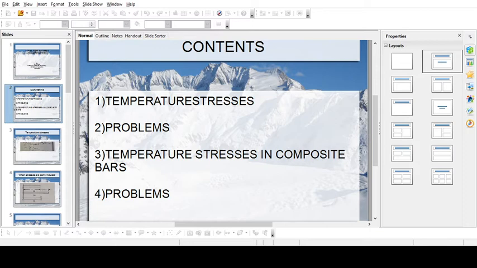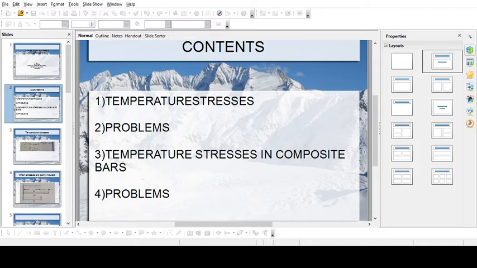If the expansion is permitted freely, there are no stresses. If the stresses are partly induced in the bar, then we call them temperature or thermal stresses.